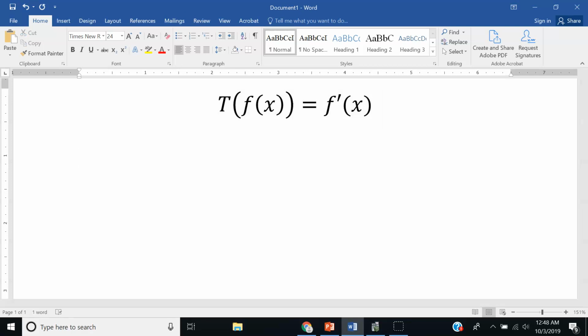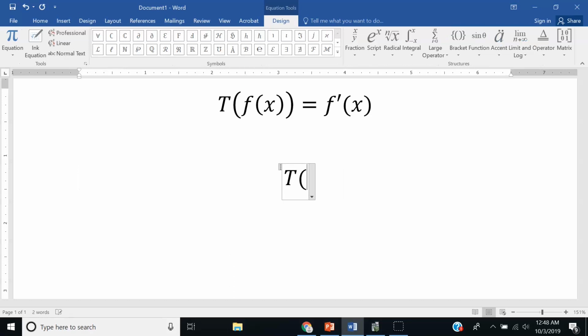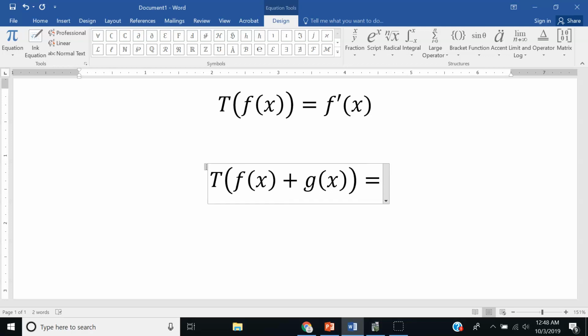Okay, so let's see if it preserves addition. If I take f plus g and I take the derivative of f plus g, we know that the derivative does distribute over addition.